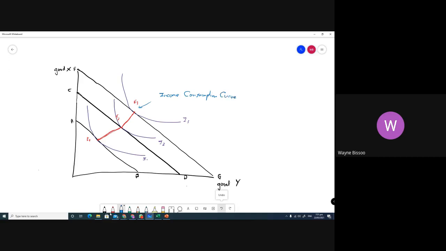And this shows us the relationship between changes in income and changes in consumption.